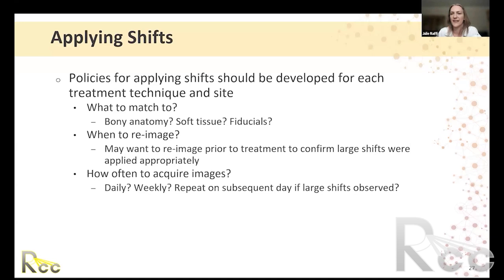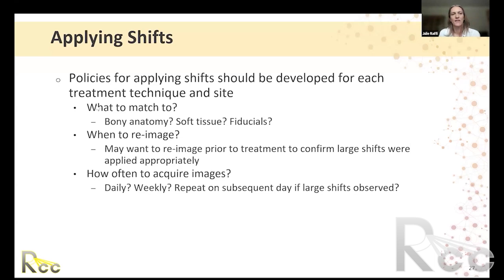If we have larger than expected shifts, for example, we re-image again to make sure that after the shifts are applied, everything looks appropriate. And then how often to acquire images, knowing if the physician wants imaging performed daily or weekly, and what to do if you have large shifts when you are acquiring images. Do you need to repeat the imaging the next day to verify that the setup is consistent? We have rules for all of those things as well.